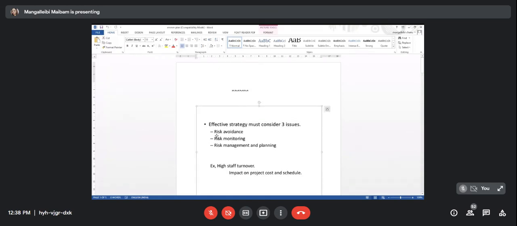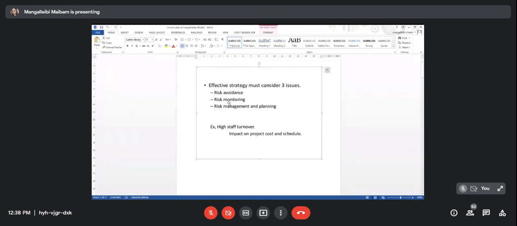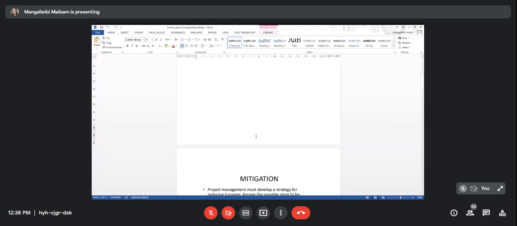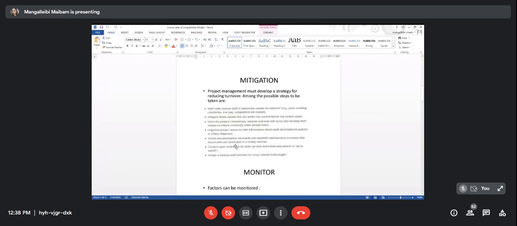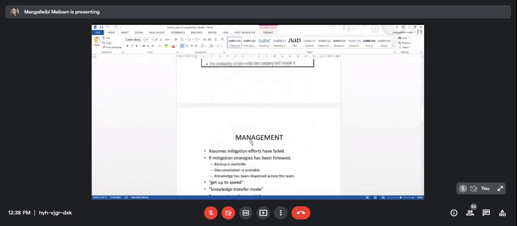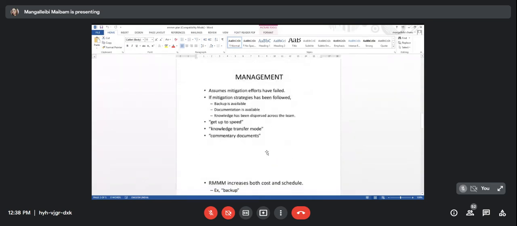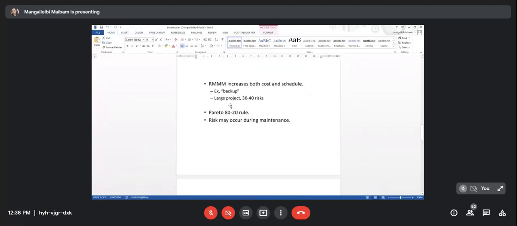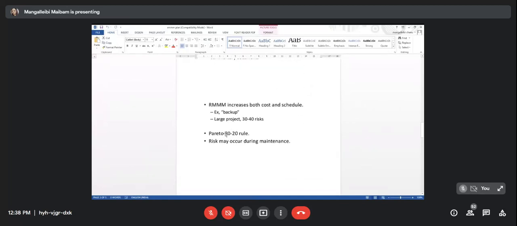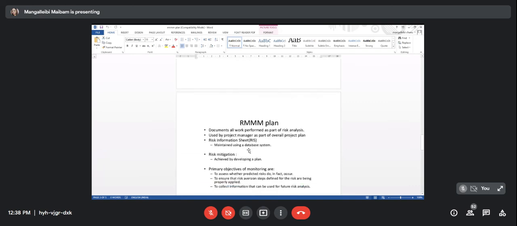So here also RMM plan, mitigation or avoidance, they are same. Monitoring and management. So these three issues will be studied in your risk management plan. Same thing here, mitigation explanation here, monitoring explanation here, and management explanation here. And here also we use 80-20 rule, Pareto principle. Last class, last chapter 5 or 6, we have used Pareto principle. Here also we are going to use.